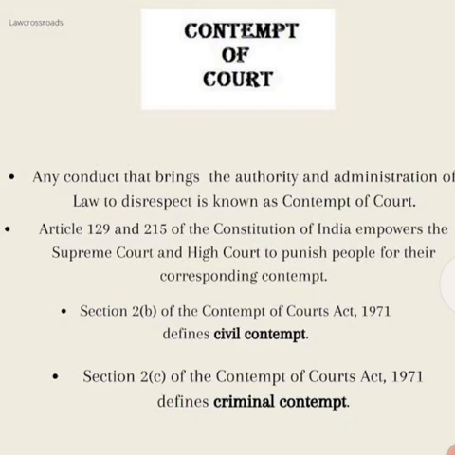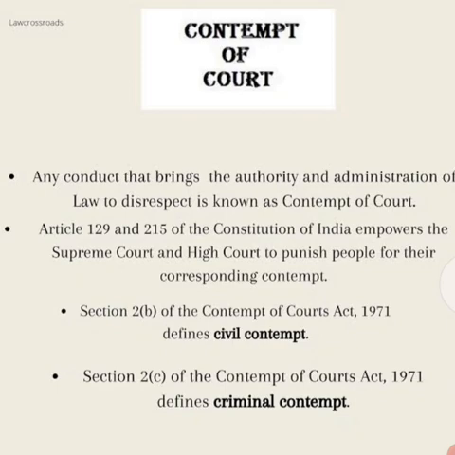Fifth is lack of jurisdiction on the part of the court which passed the order. That means if any order, judgment, decree, or writ has been passed by a court which has no proper jurisdiction, in that case the contemner can take the plea of defense that he is not guilty of civil contempt.